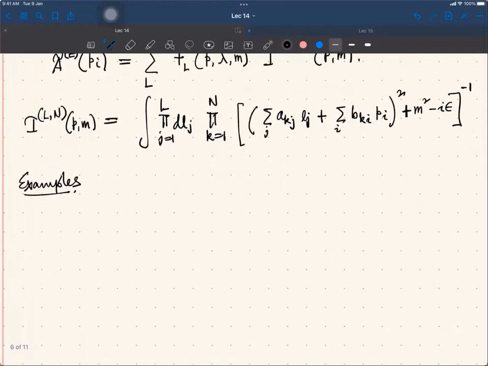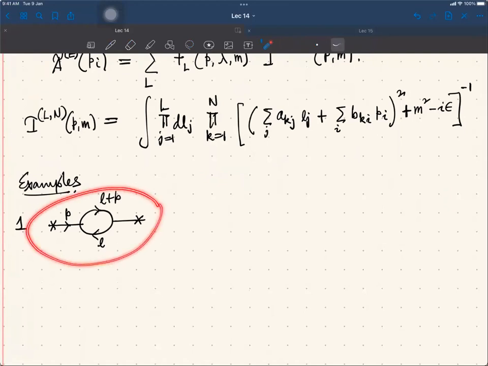Let us consider this one loop diagram in phi cube. P going in, L, and this is L plus P. Of course, the way I drew it, it is not an amputated diagram.